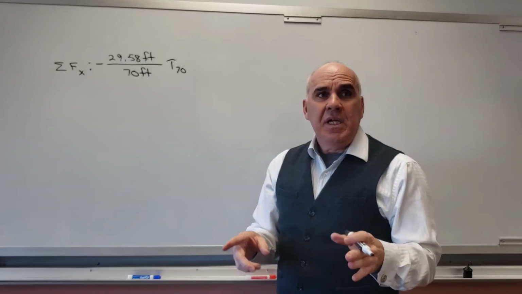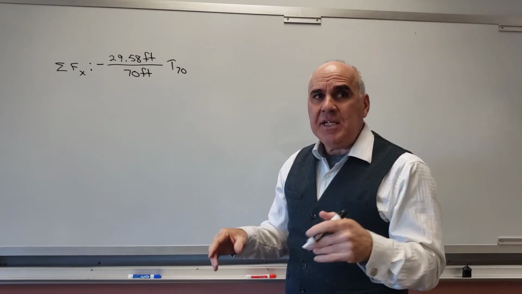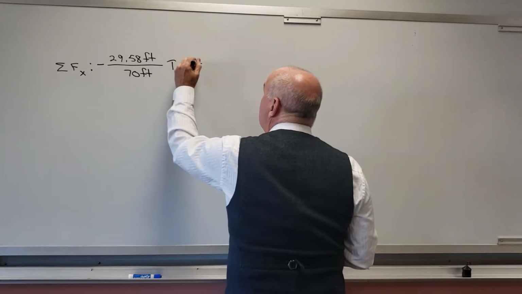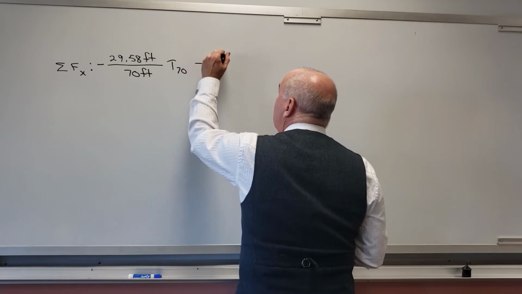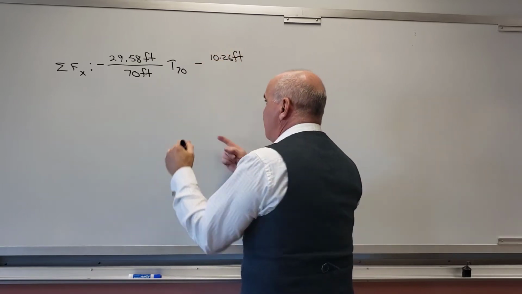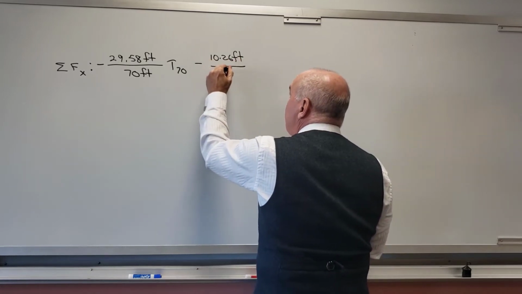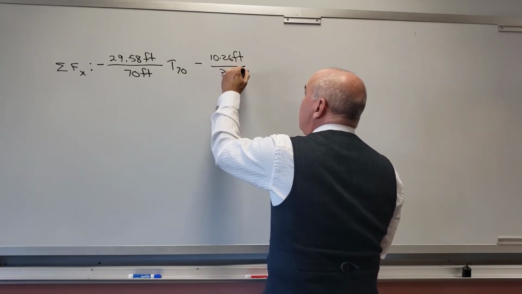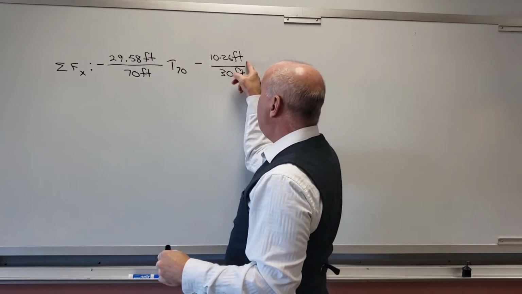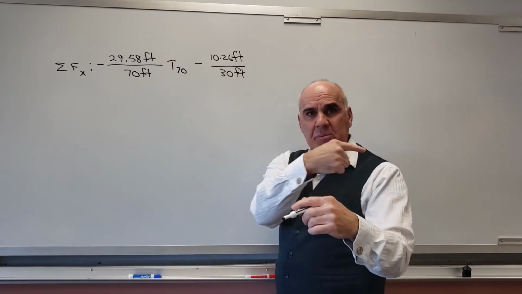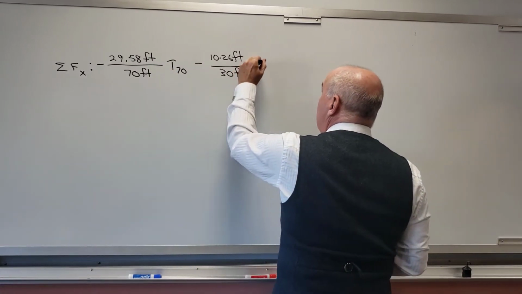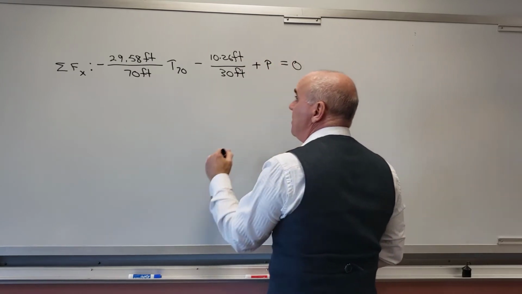And then I also have minus 10.26 feet. That's the x component of T30, so I have to divide that by 30 feet. So you'll see the feet are dividing out. And then, remember, P was to the right, so plus P, and that's equal to 0.